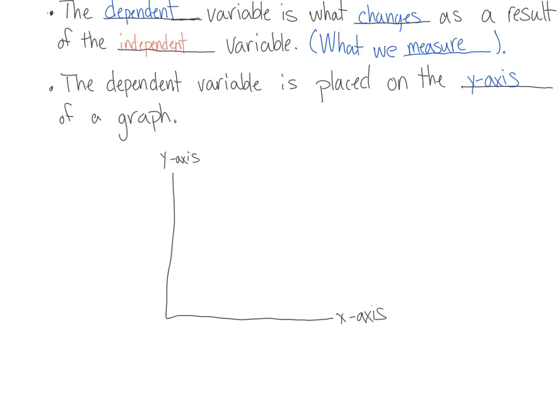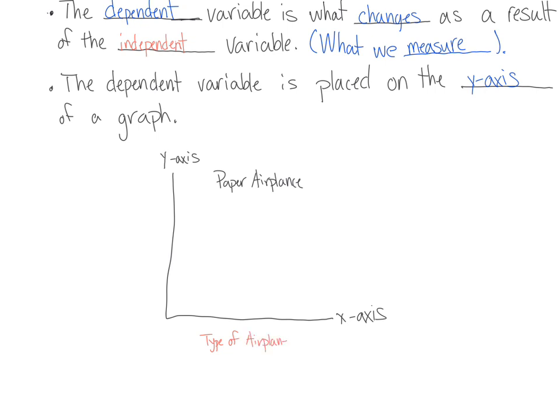So, y-axis. Every good chart needs a title. We'll just call this paper airplanes. And then we need to label our x and y axes. If you remember or look at your notes, the independent variable goes on the x-axis. So we would label this type of airplane.